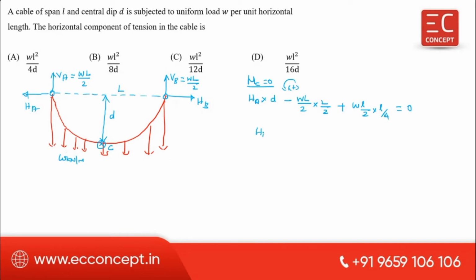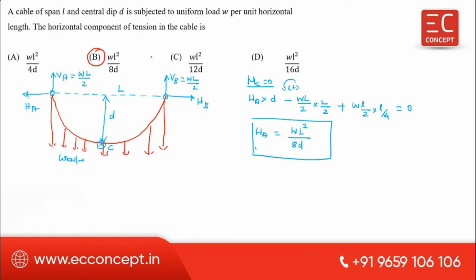Therefore, after solving, HA is equal to W L square divided by 8D. So answer for this question, now we got it. This is the option B, W L square by 8D.